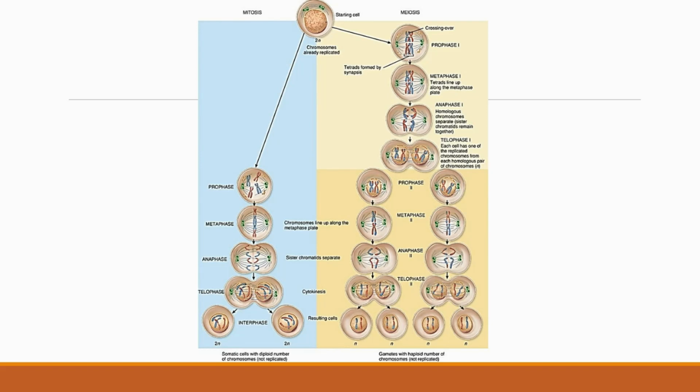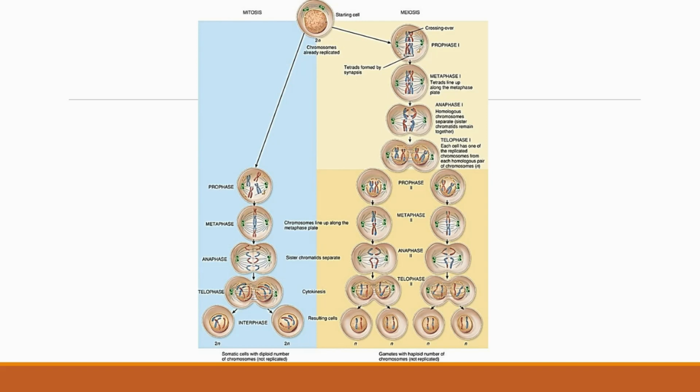If we compare this over to prophase 1, the homologous chromosomes are brought together for synapsis, and then we get crossover that occurs. In metaphase 1, they align along the center axis there.